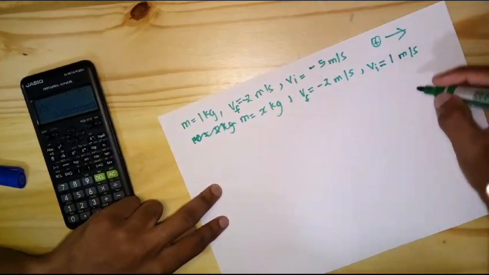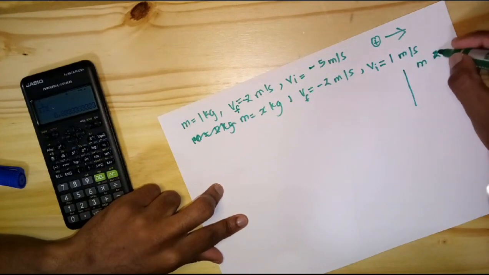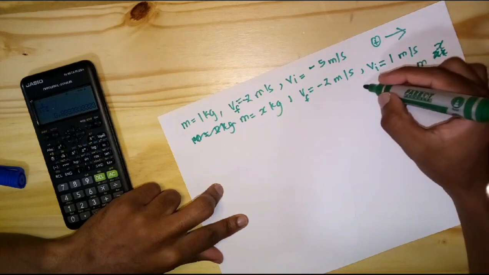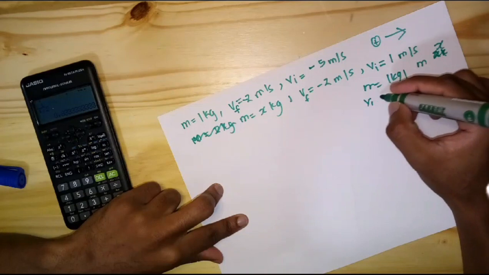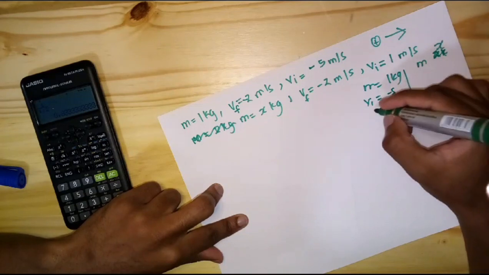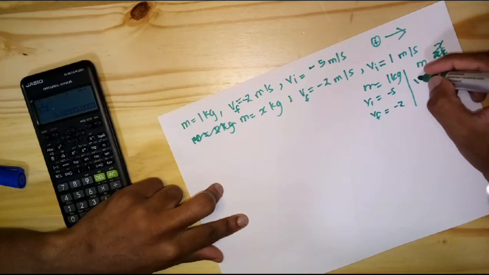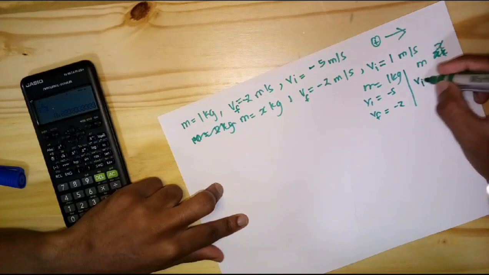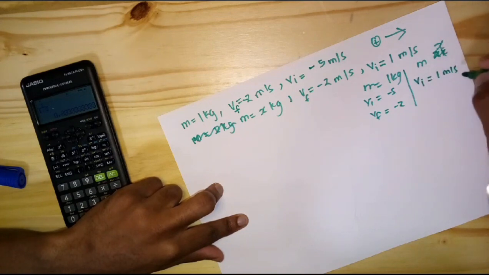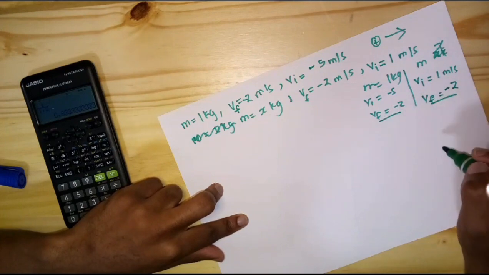So you have these masses: a mass of x and a mass of 1 kg. The mass of 1 kg has an initial velocity of -5 and a final velocity of -2. And the mass of x kg has an initial velocity of 1 and a final velocity of -2, meaning it moves away at the same velocity, right?